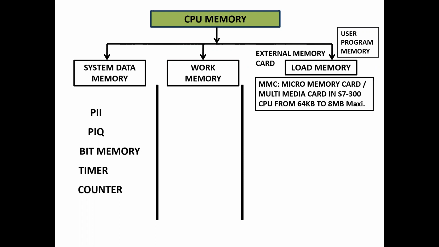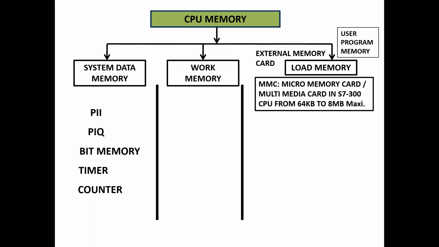But that memory card size will not be in GBs, it can be in MBs also. But nowadays in the market we are not having such low-size MB memory cards, so we have to buy it from Siemens only, right?